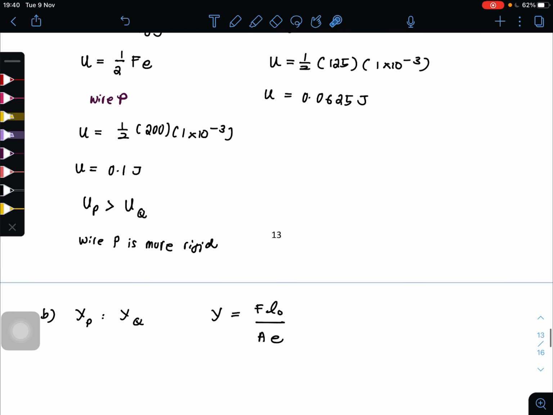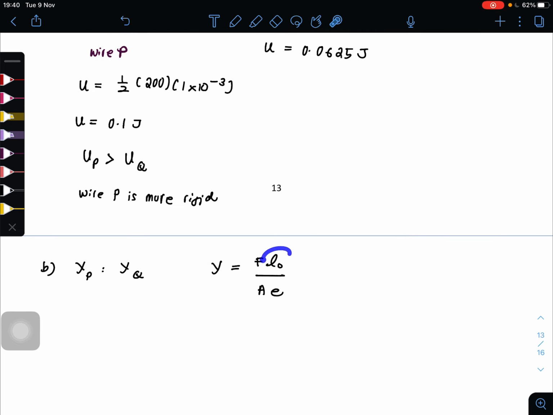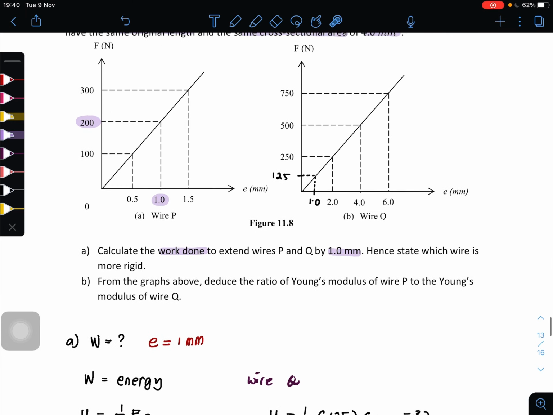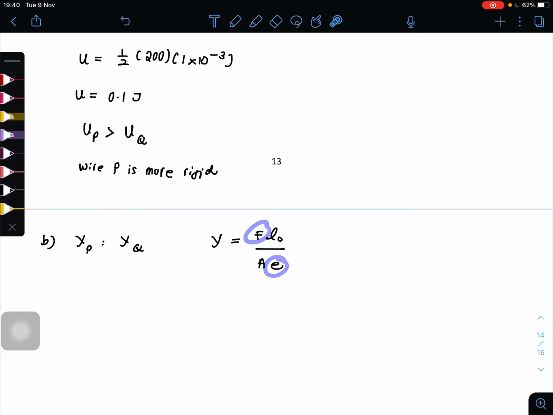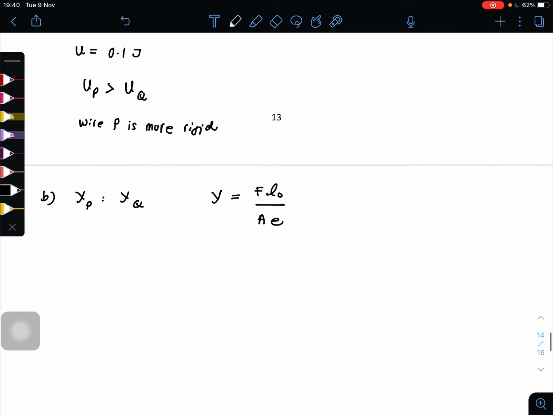Since dekat sini, we are not given the value for the original length, and elongation pun kita tidak dibagi, kita dibagi in terms of graph, and then force pun dibagi in terms of graph. We only have the value for the area here. So since dia minta ratio, meaning that YP divided by YQ, so FPL0 divided by AE divided by FQL0 divided by AE.